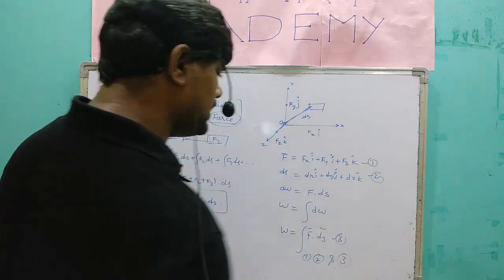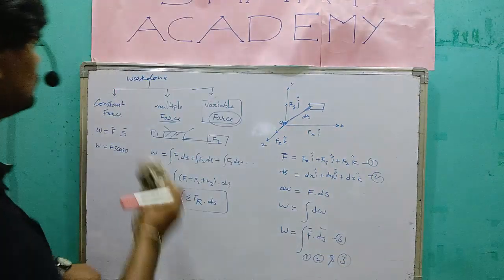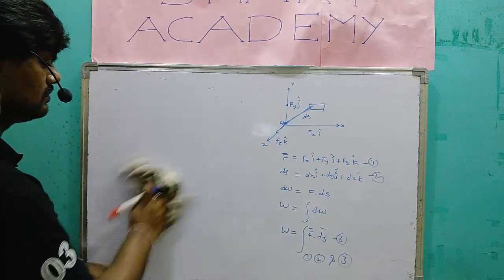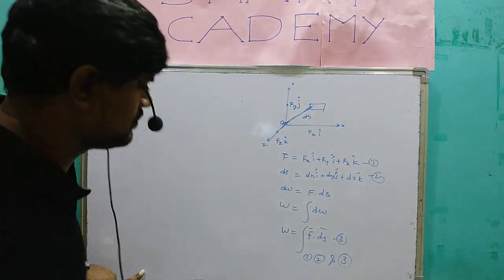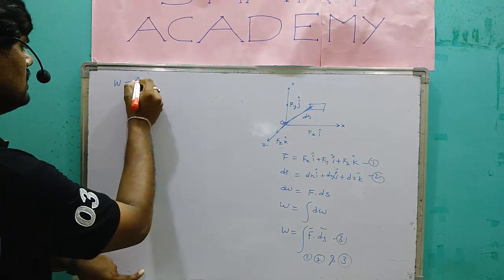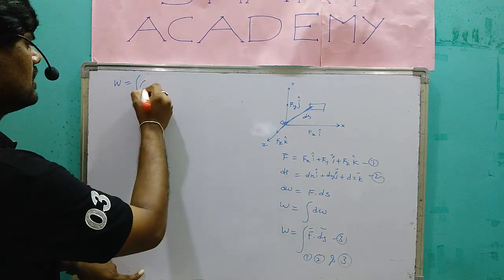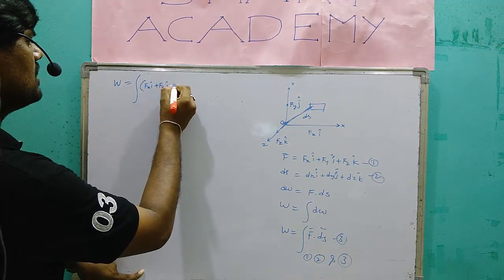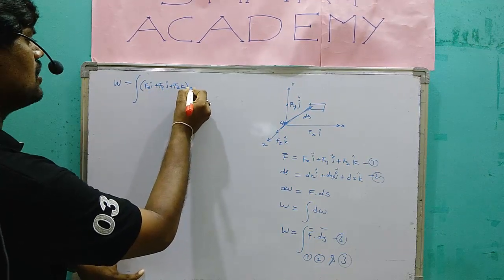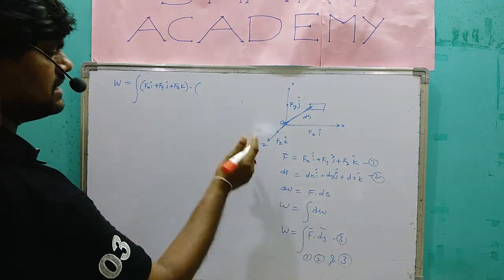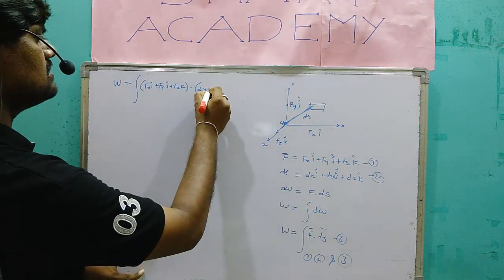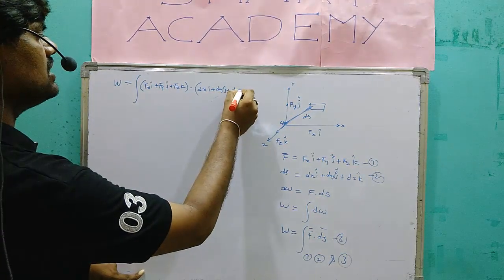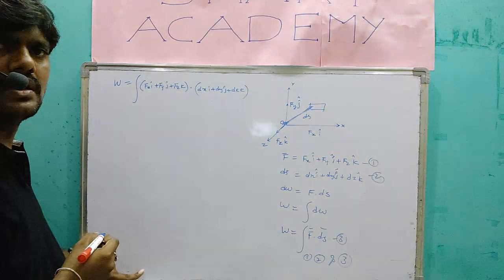So then we are getting W equal to integration of (Fx i plus Fy j plus Fz k) dot (this one is the ds value) dx i plus dy j plus dz k.